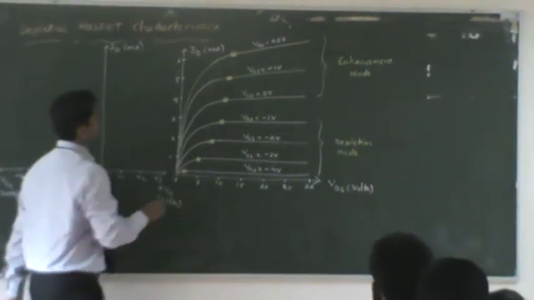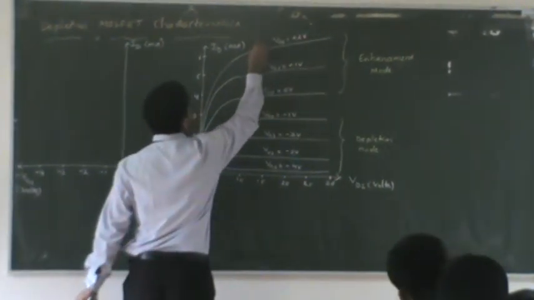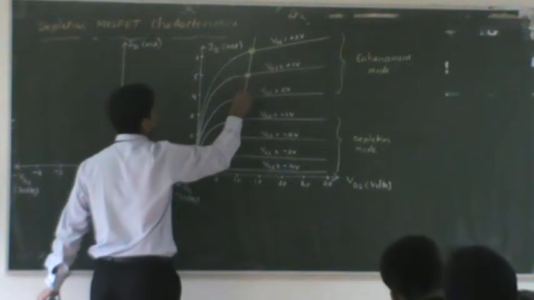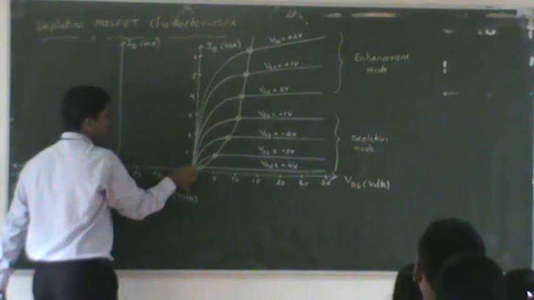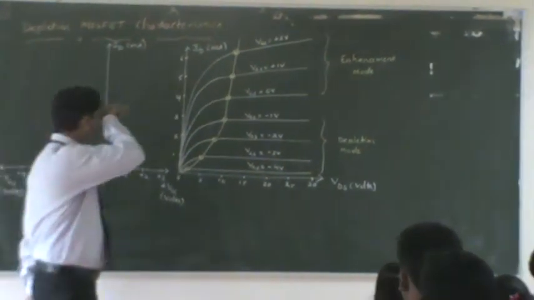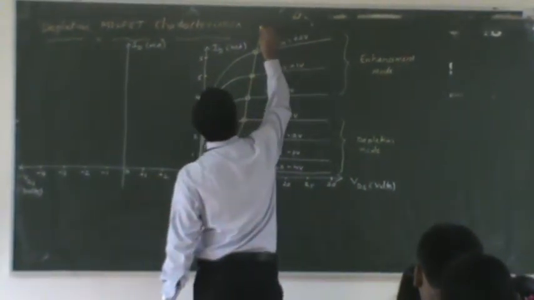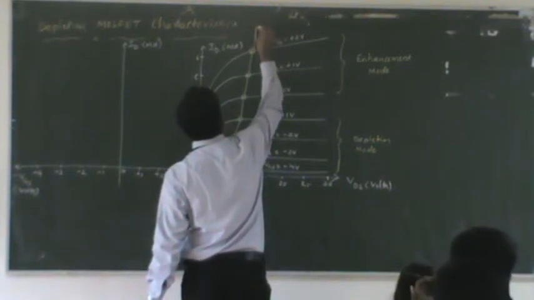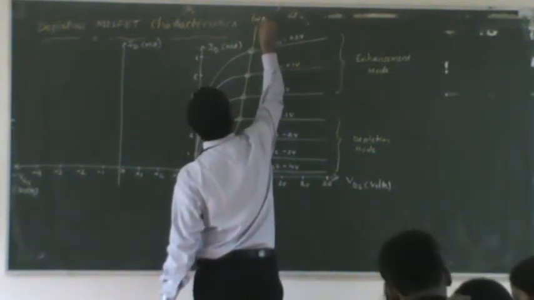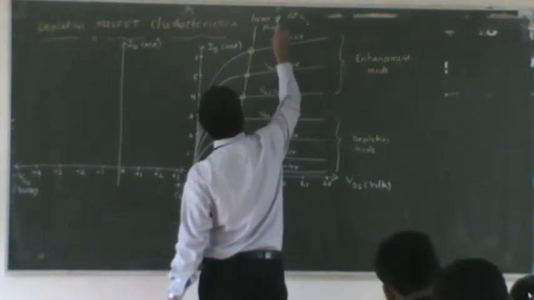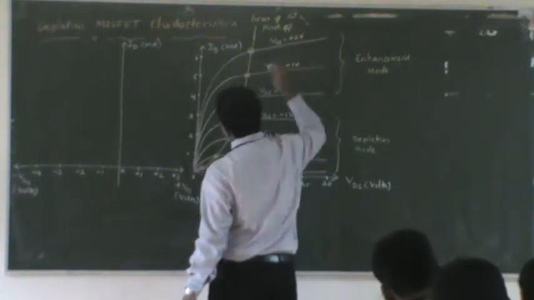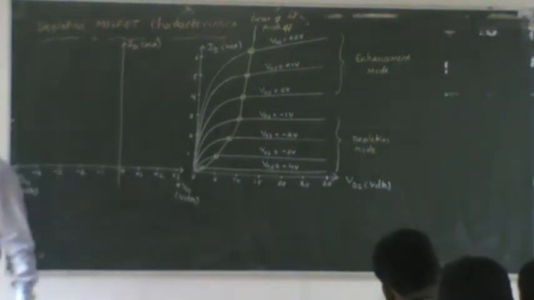You get almost a linear line. Here is nothing but the locus of pinch off. Beyond this, current becomes almost constant.